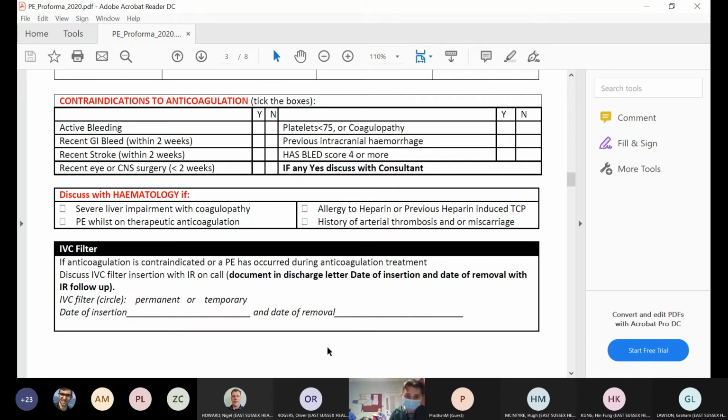If it's permanent, circle permanent, not for further review. But if it's temporary, for whatever reason, such as a recent bleed which will be treated by coiling or any kind of GI treatment, then the IVC filter is needed only for 3 or 6 months and can then be removed. So people don't need an IVC filter forever.